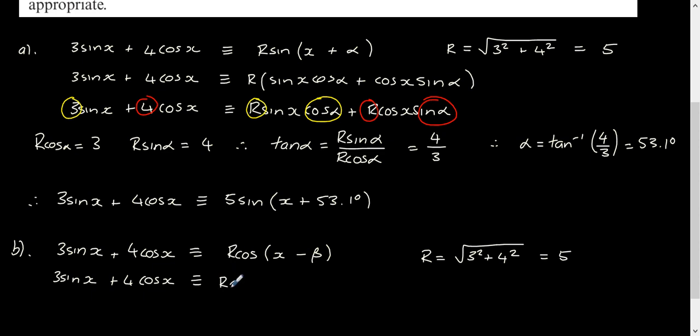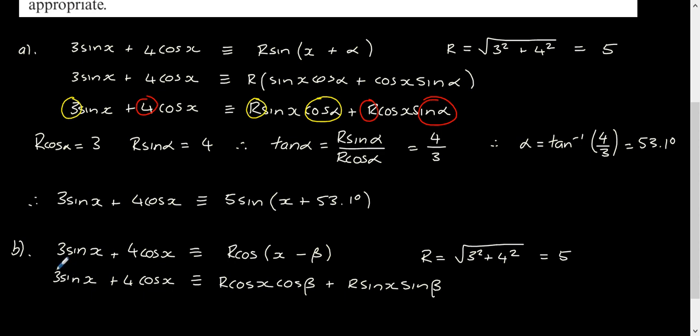So I've got r cos x cos beta plus r sine x sine beta. And that's the expansion of cosine(a minus b). If there's a minus in the bracket, then there's a plus because it's cosine, and I've multiplied by r already, so I've missed out this line and gone straight to this line.